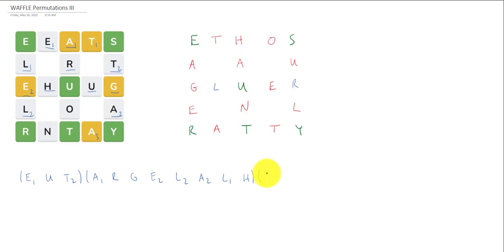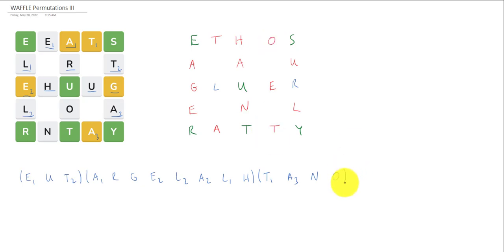Okay, so T1, let's see, a T could go into, we've already used the E1, could go down into ratty, that'd be in the A3 position. Okay, A, we've already used the L1, we've already used the R, here we go, into the N position. Okay, where did N go? That went into haunt, that's in the O position. And where does O go? That goes into the T1 position in ethos.